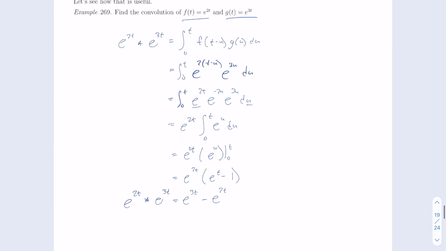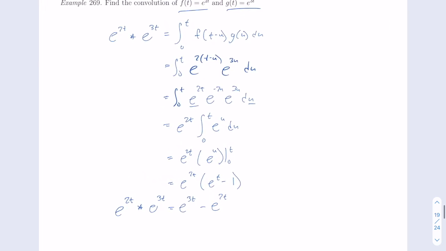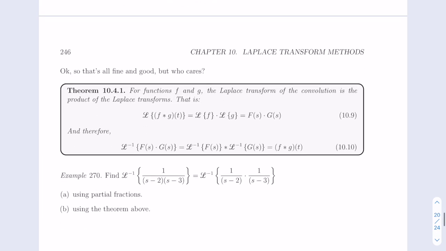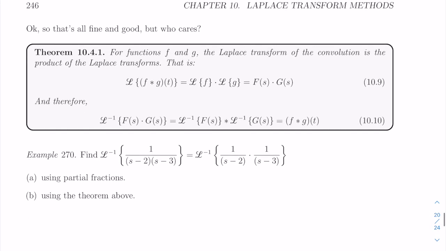Okay, now, why is this useful and why are we bringing this up now with the Laplace transform? Well, here's why we care. The Laplace transform of the convolution is the product of the Laplace transforms. That is pretty cool. So the Laplace transform of f star g is just capital F times capital G. Now, it's not usually in this direction that we want to use it.